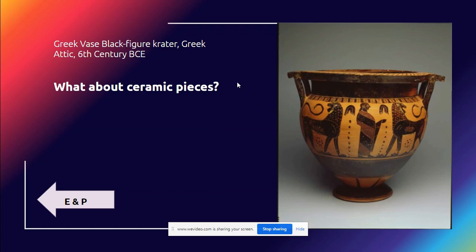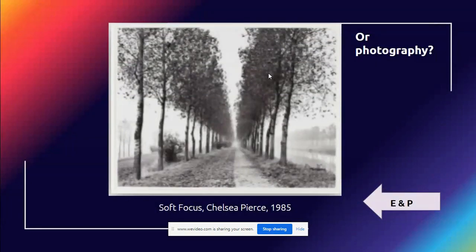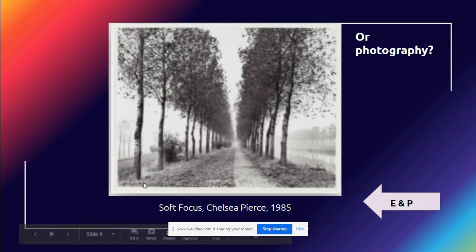All right, let's take a look at another picture. This one is photography. It's called Soft Focus by Chelsea Pierce, done in 1985. If you said value, the light and darkness, good job. What else do we see? Maybe some unity because all the trees are the same. And look how we can see space, like this is a road that goes on and on.